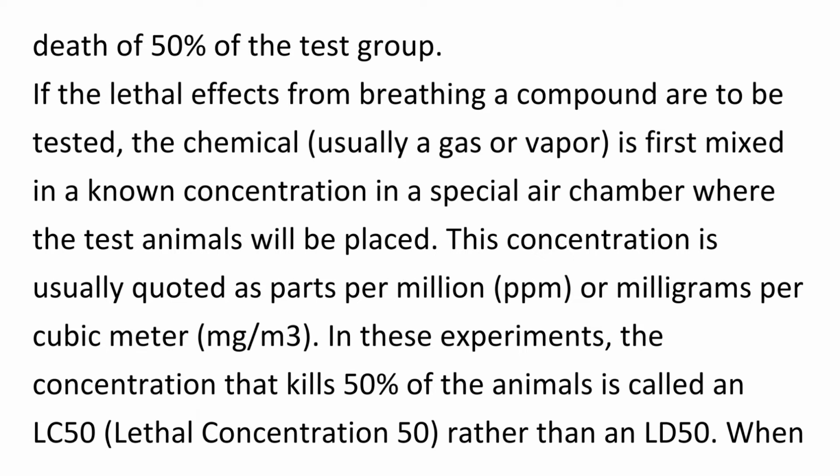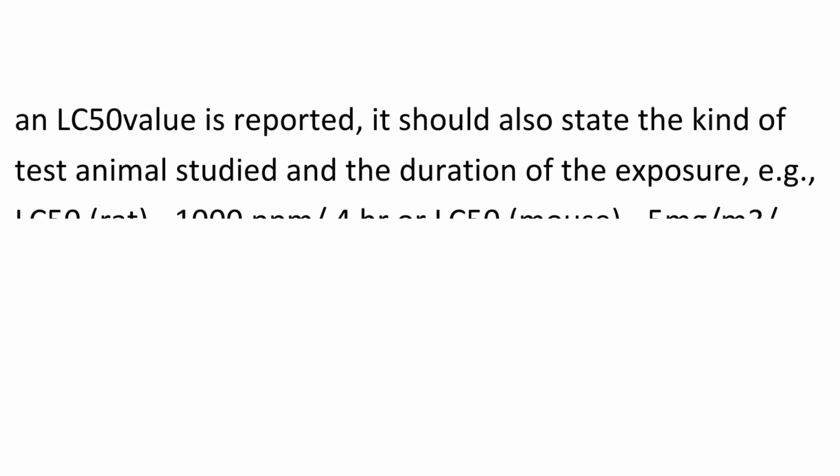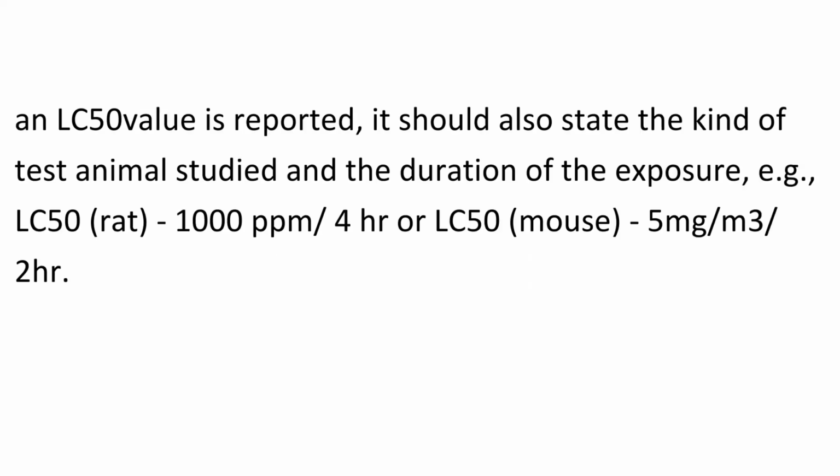In these experiments, the concentration that kills 50% of the animals is called an LC50, lethal concentration 50, rather than an LD50. When an LC50 value is reported, it should also state the kind of test animal studied and the duration of the exposure. Example: LC50, rat, 1000 ppm, 4 hours, or LC50, mouse, 5 mg/m3, 2 hours.